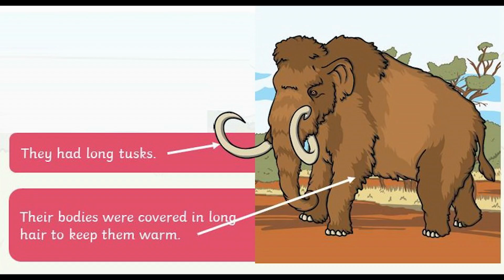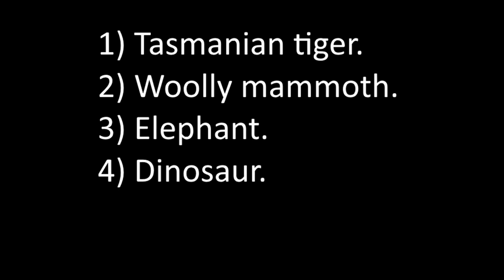Let's take a look at some animals that unfortunately have become extinct. The first animal we will look at today is this one. Do you remember what it is? Okay, quiz time. What animal is this? Is it 1.